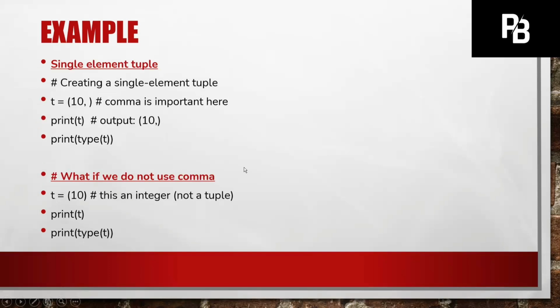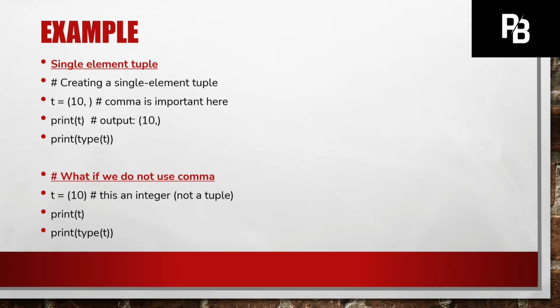Next, students, we have a single element tuple. That is a very important point. If you write t is equal to 10 normally, that is an integer, not a tuple. If you want to create a single element tuple, then the comma is compulsory here. In the single element tuple, you write 10, then you put a comma, then only it is considered a tuple.